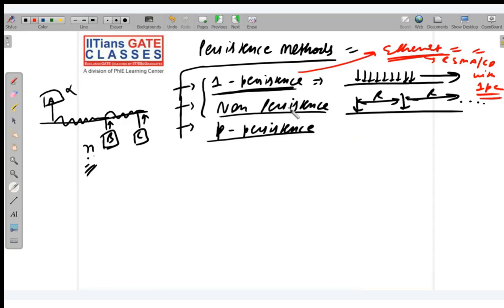If it again finds the channel busy, it again waits for a random amount of time. But as soon as it finds the channel idle, it immediately sends the frame.